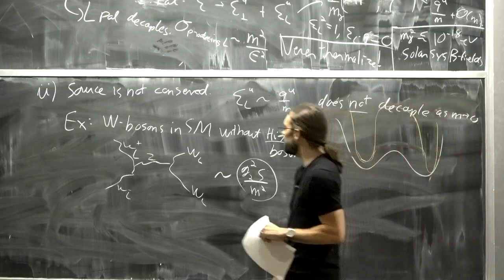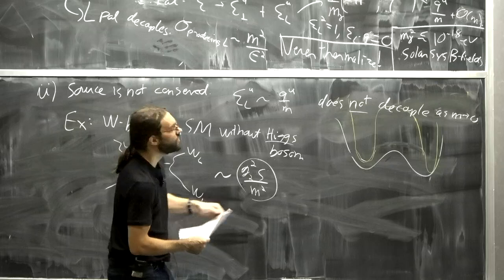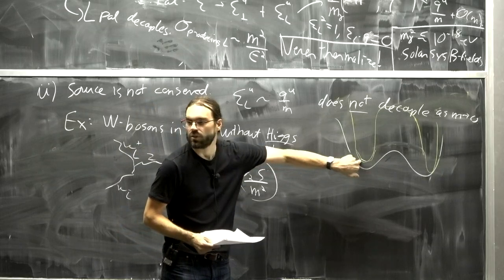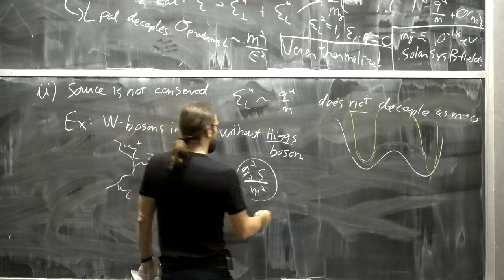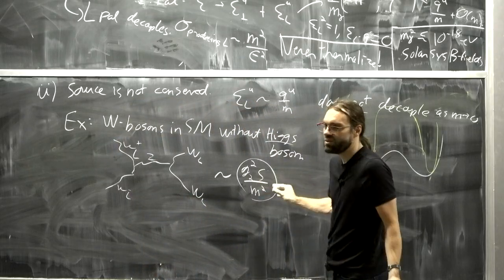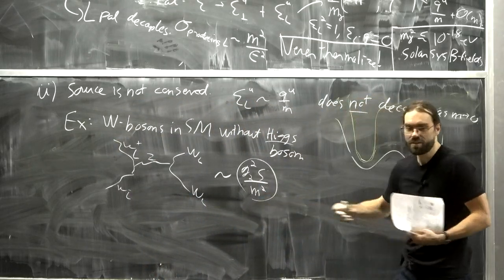The scattering of this W boson is related to scattering of the scalar in the nonlinear sigma model. This grows, but an amplitude cannot grow. An amplitude has to be bounded because it describes a probability.